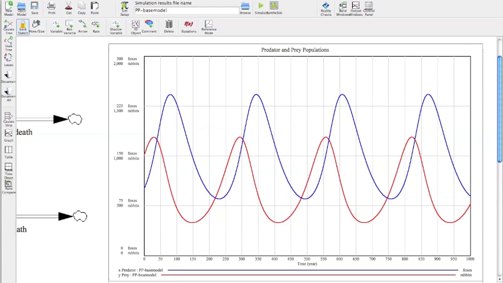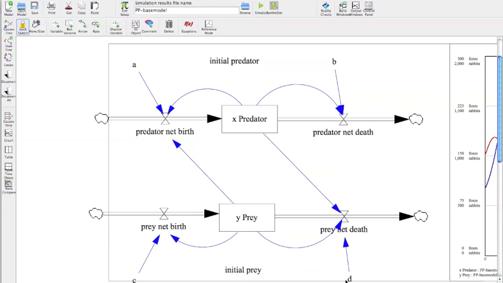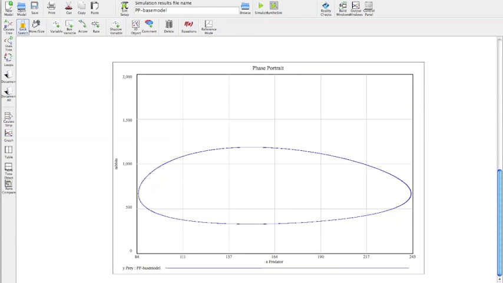Now, another plot that can be generated is the one I have here at the bottom. This is what's referred to as a phase portrait, and you can generate it by not plotting rabbits and foxes over time, but plotting rabbits and foxes together in the same plot. What you get is this elongated shape.